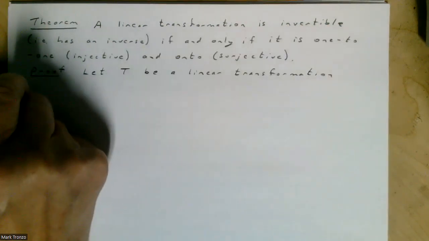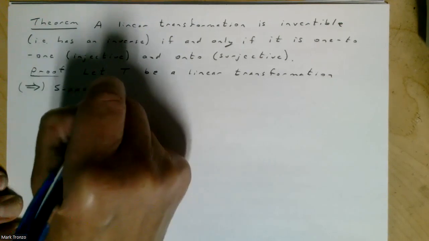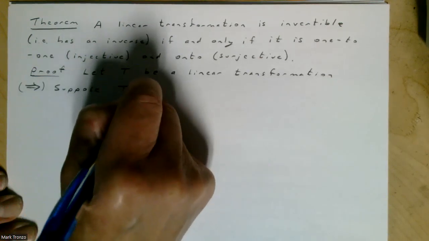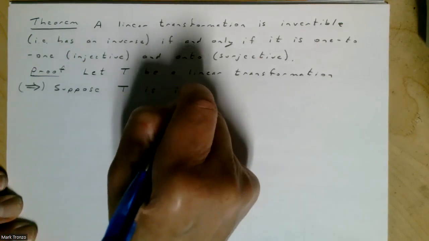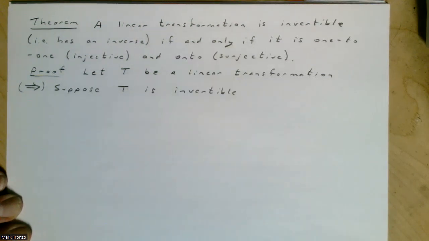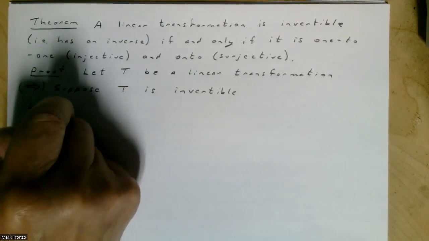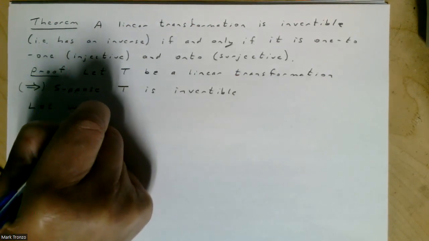And again, I'll start with the first direction. Suppose T is invertible. And I'll sort of be following the proof in Axler. Here's a good proof of this.